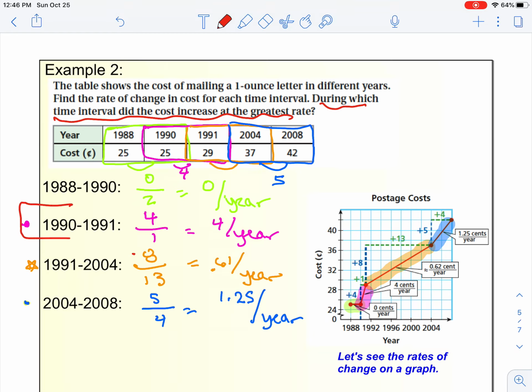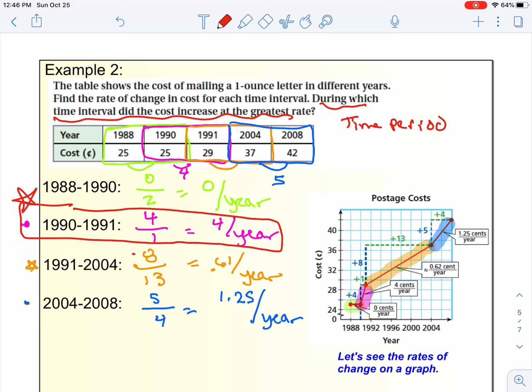So the greatest increase was this 4 cents that it went up in just 1 year. So the answer to this question would be the time period from 1990 to 1991. That was the greatest increase.